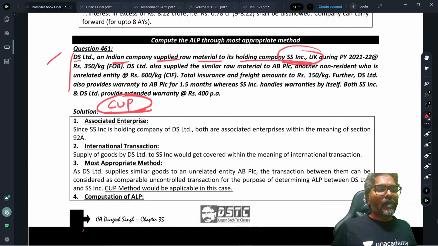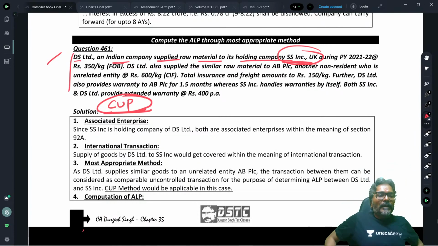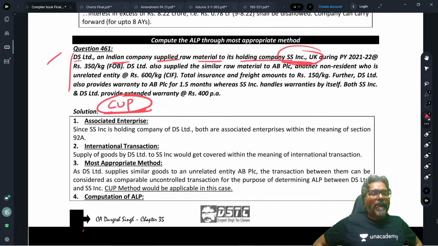Fine, friends. Now, if you all see over here, in this case, what are the steps involved in the CUP method, students?